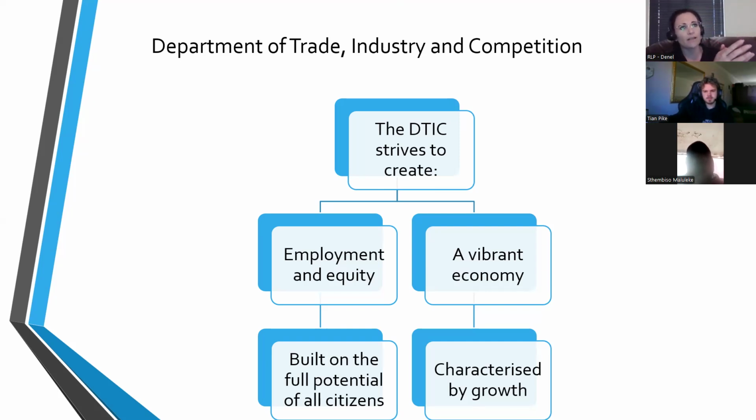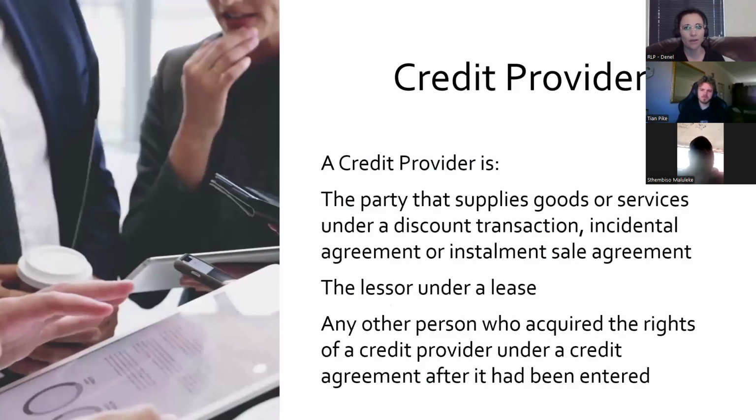So what they're referring to here is that if everyone was employed, everyone can pay their bills, it will have a positive impact on our credit industry as well. And then a vibrant economy can only be characterized by growth. Once again, if everyone's in a healthy financial situation, they are able to pay their bills, and they even have money left to invest, it will have a positive impact on our economy. Okay.